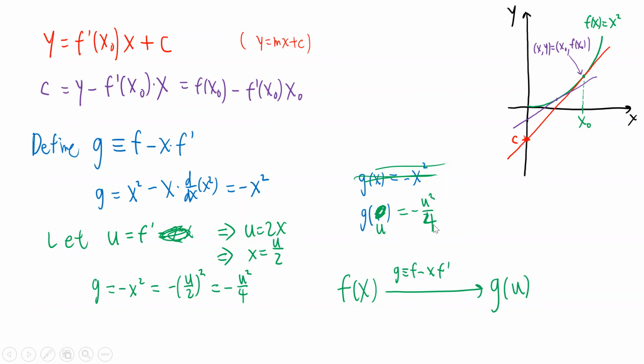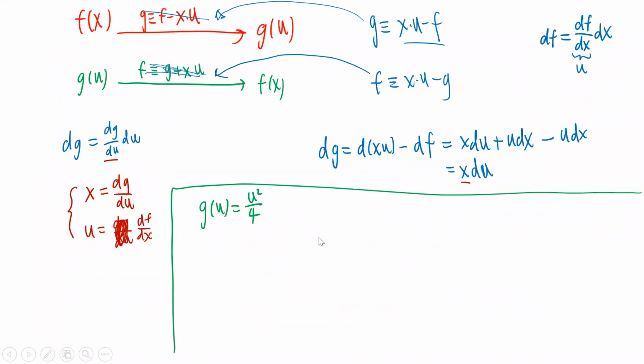What I'm trying to do is this: I give you this g of u. Pretend that you don't know f of x. I want you to find out the form of f of x by using the Legendre transform one more time. So I'm going to use this formula.